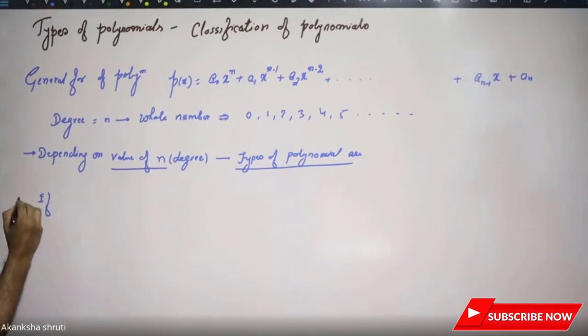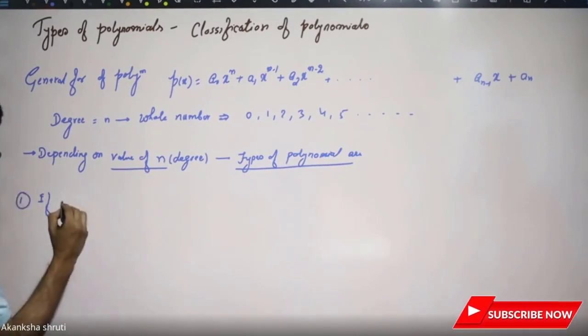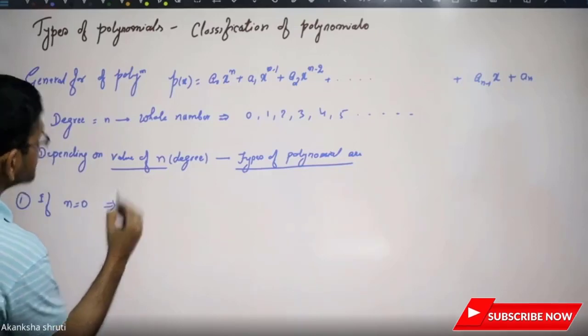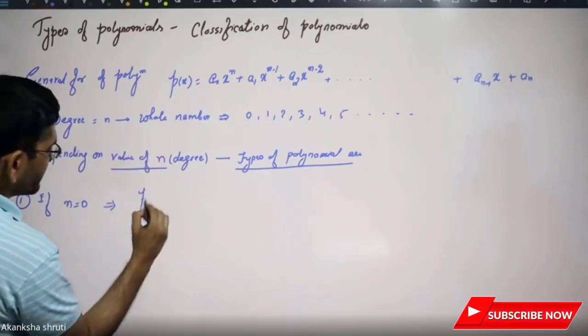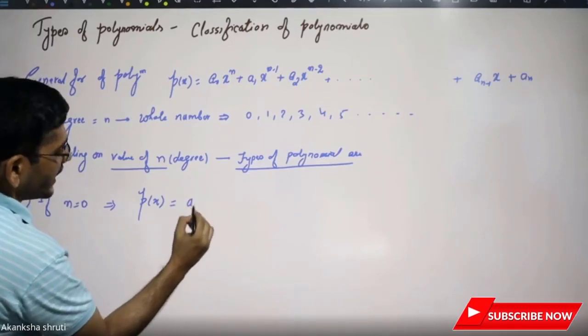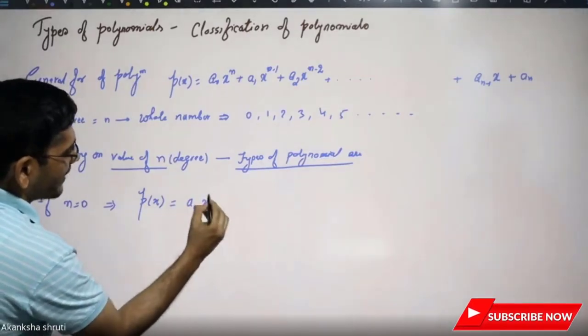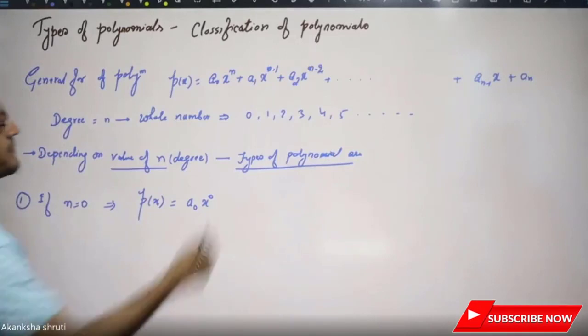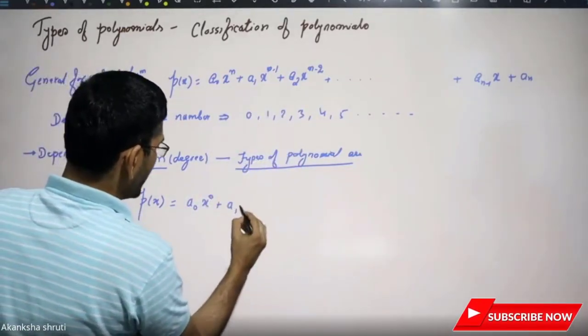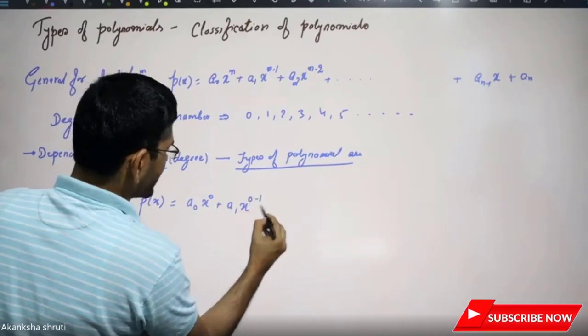So let us write one by one. If n is equals to 0, what is this general form? The px simply means a0 x to the power 0. Keep in mind, can I write the second term, a1 x to the power 0 minus 1 and so on?